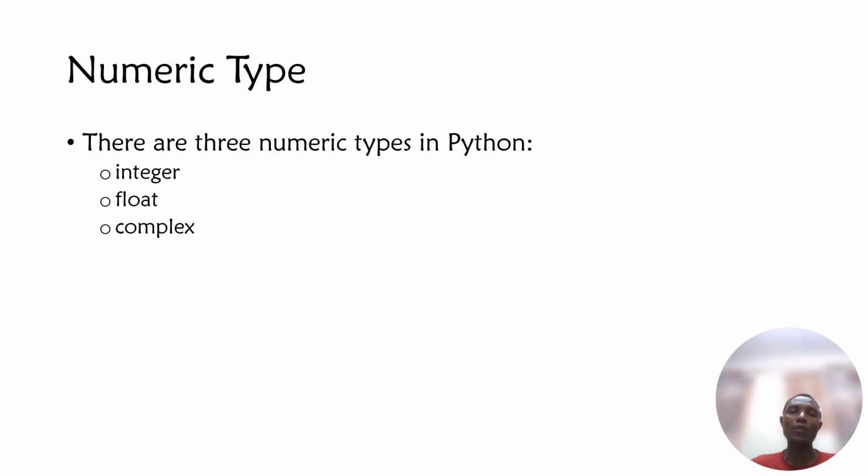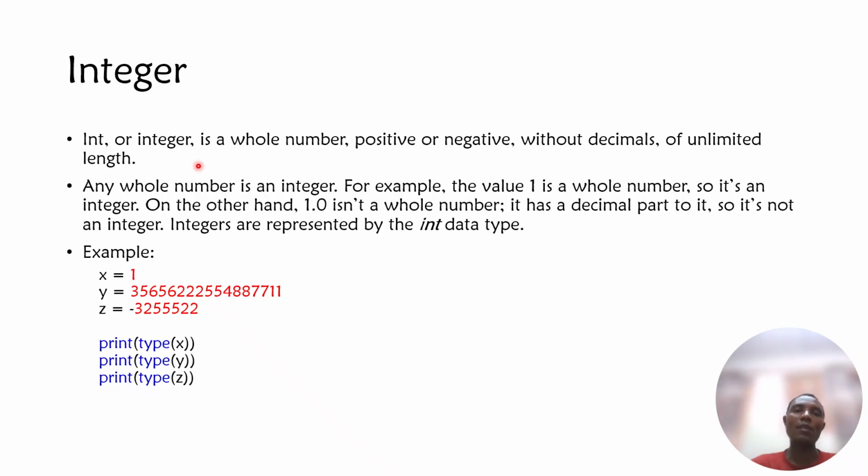Numeric types. There are three numeric types, as we have already seen: integer, float, and complex. Now the integer is simply a whole number. If you cast the data type to integer, and you write 3.5, it will give you 3, or 4 if it rounds up.